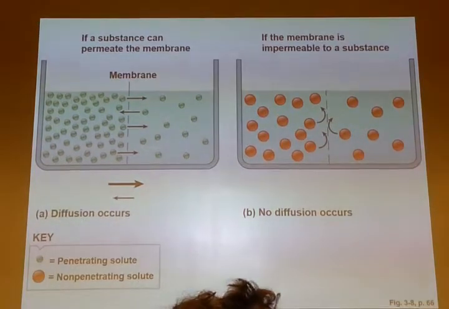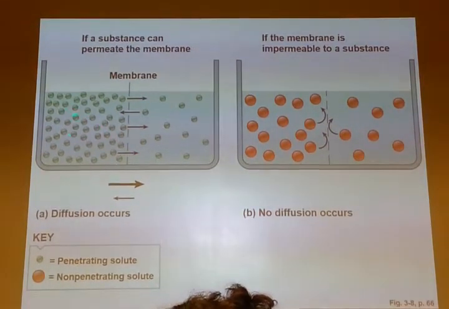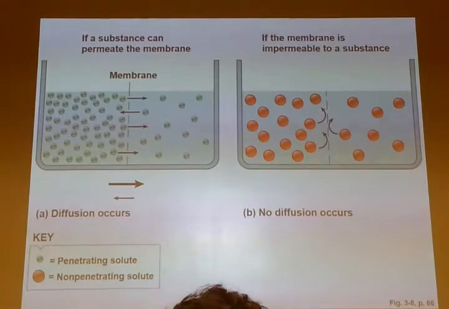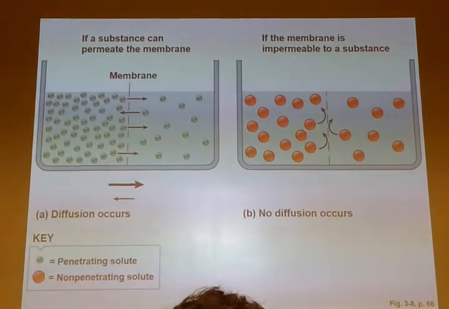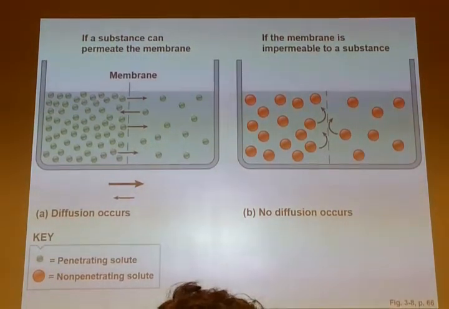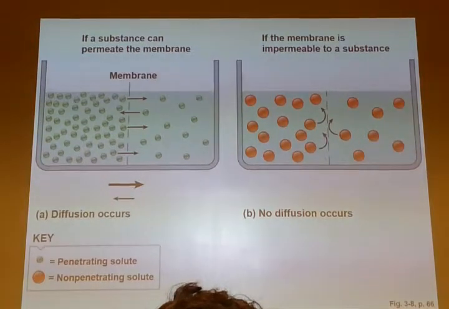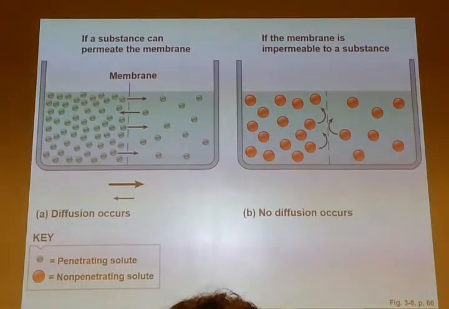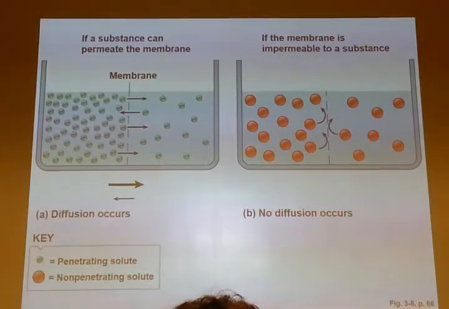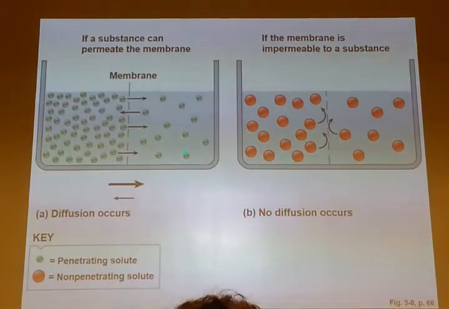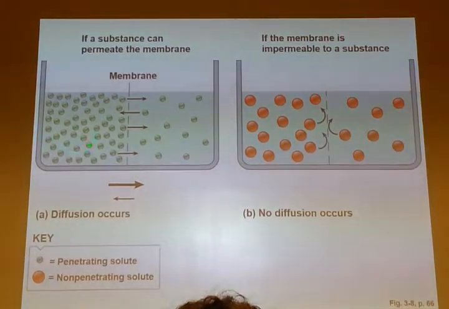So water moves first, and then solute moves. Solute doesn't care about water, it only cares about its concentration. And water doesn't care about solute, it only cares about its concentration. So more water here, it moves to the left. More solute here, it moves to the right.